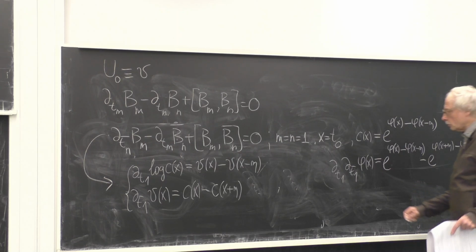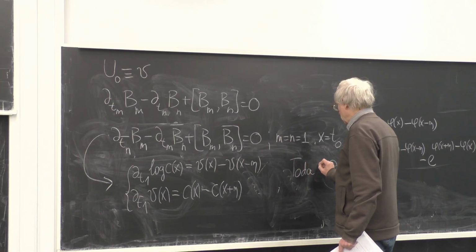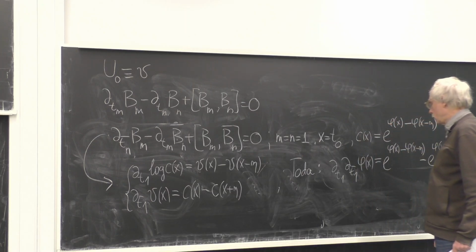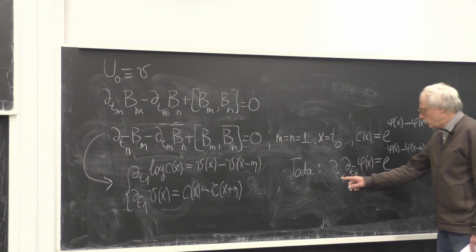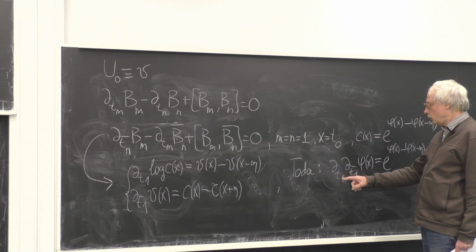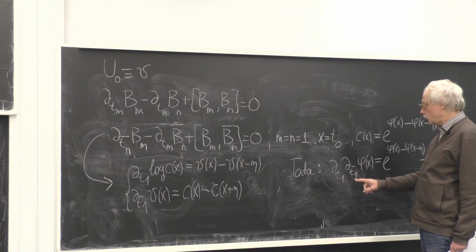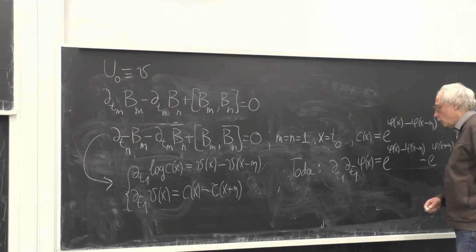And this is the famous two-dimensional Toda equation. Two-dimensional because we have here two variables, which are sometimes called x and y, and are regarded as space variables.